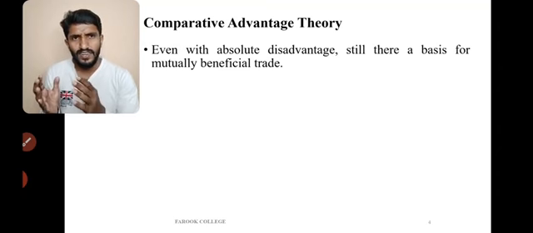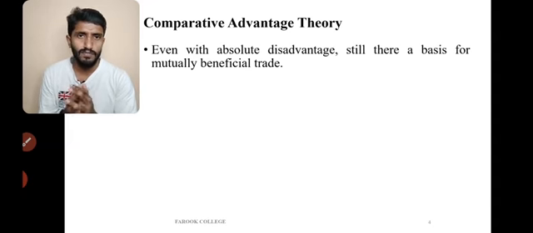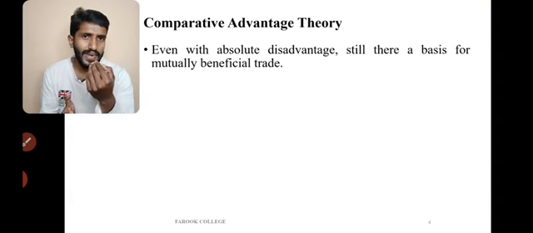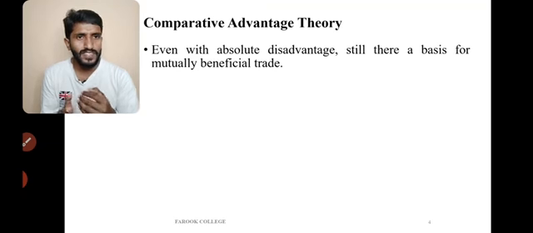So what does comparative advantage theory say about trade? In Adam Smith's approach, there is a basis for trade only with absolute advantage; but here, even with the absolute disadvantage, there is still a basis for mutually beneficial trade. That is the idea of Ricardo.